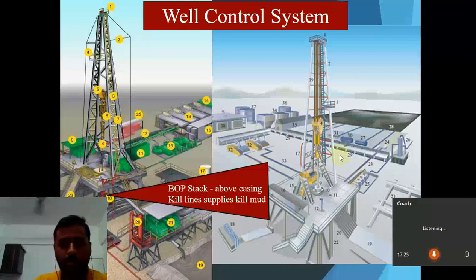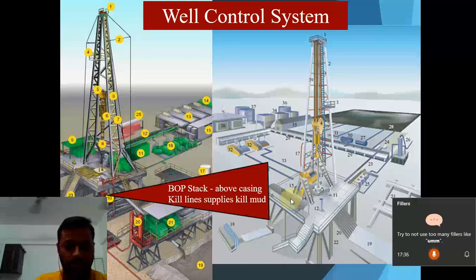You have the BOP stack, the blowout preventer stack, which has the rams: pipe rams, shear rams, and blind rams. The BOP stack is always installed above the casing.